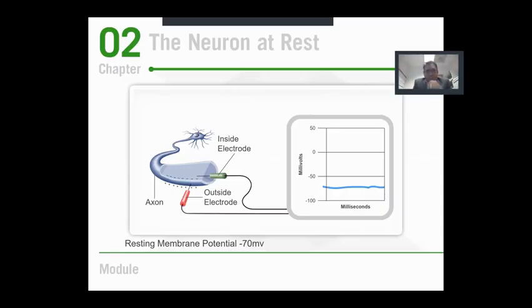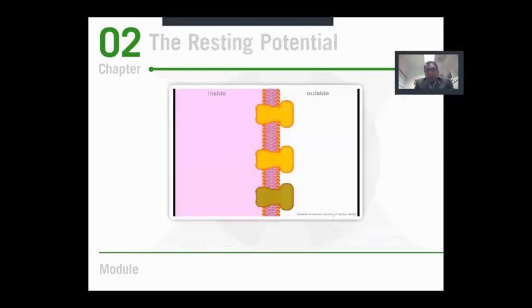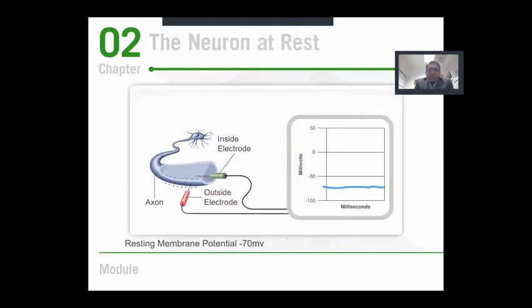So the inside of the neuron is negative, and the outside is positive, and the potential difference between these two is like negative 70 millivolts. And the reason why there is a negative 70 millivolts is because of the differential distribution of ions inside and outside the cell.